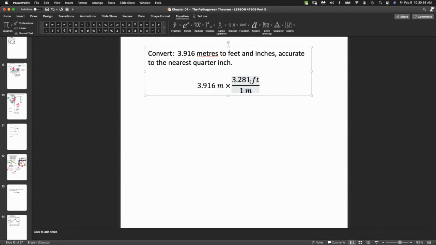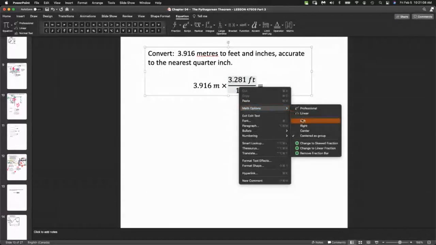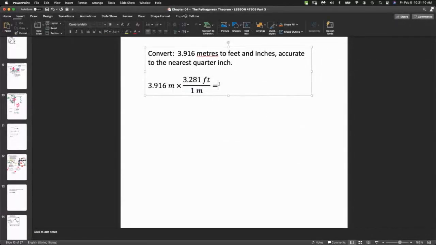You don't have to know it to 3 decimal places, but just humor me and do that, okay? So can someone multiply those two numbers, please? Anybody have that on their calculator? Thank you, Ram. So now we have the answer in feet.